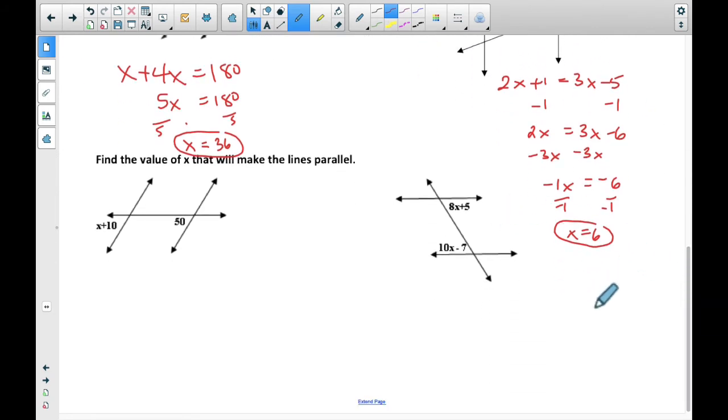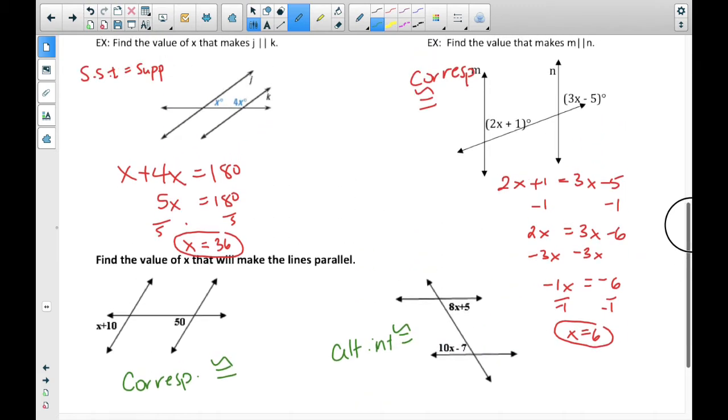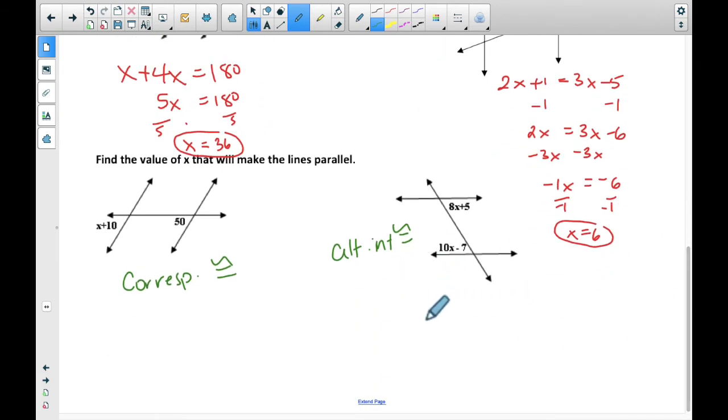We're not going to do every single one. We can do one more of these. We should say what kind they are. These, once again, are corresponding, and we know that corresponding angles are congruent. These are alternate interior, and we also know that alternate interior are also congruent. Didn't we already do a corresponding? We did. So let's do this one instead. We're going to set these two things equal to each other because they are congruent.